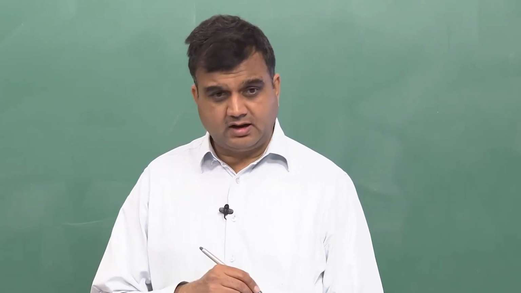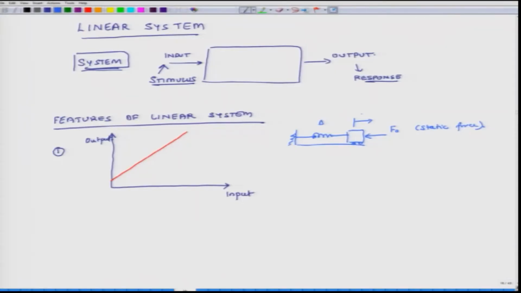I will call it delta, deflection in the spring. Okay. So, if I plot stimulus versus response, it will be a straight line. So, it is a linear system. It is a system which is linear between delta and F naught. Maybe on other parameters it may not be, but between delta and F naught it is a linear system. If I excite it using F naught, the response curve is a straight line.